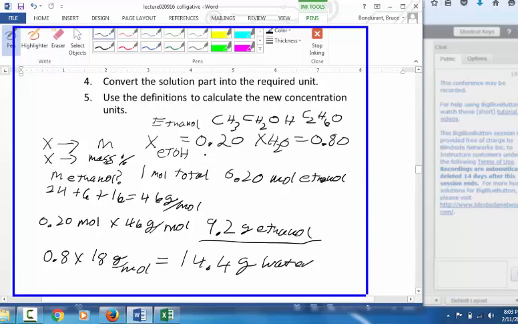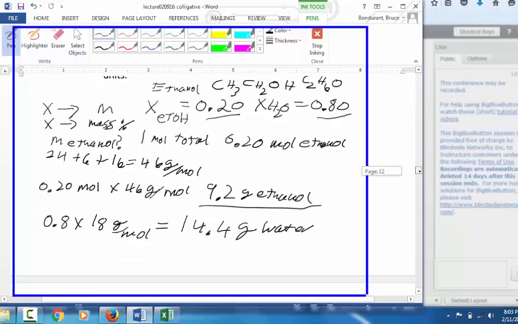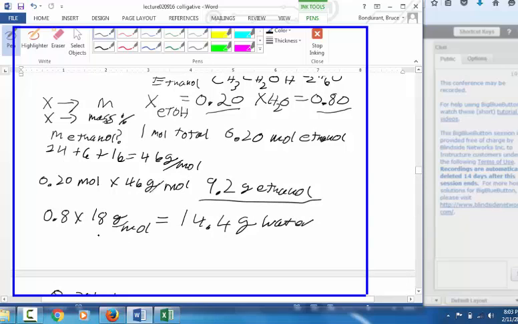So we have a 0.2 and 0.8 mole fraction ethanol water. We can have any amount, so I just say if we have 1 mole, then we would have 0.20 moles ethanol and 0.80 moles water.